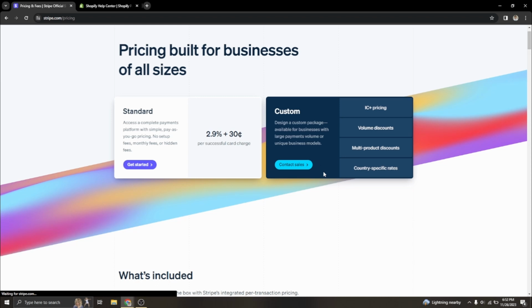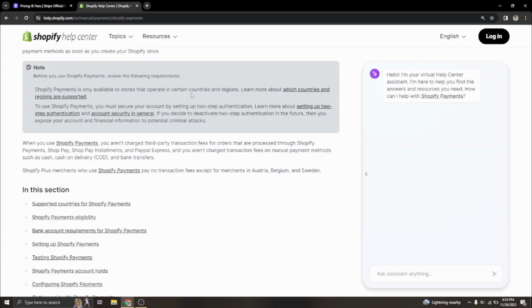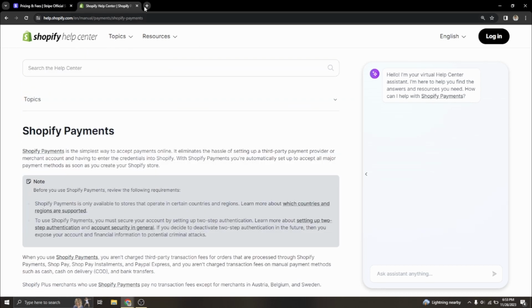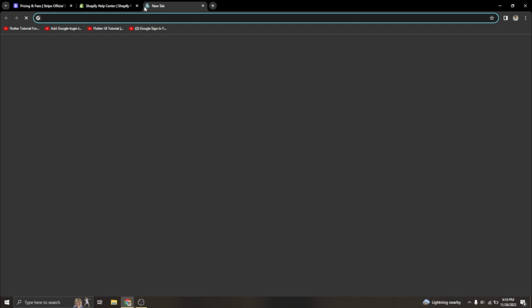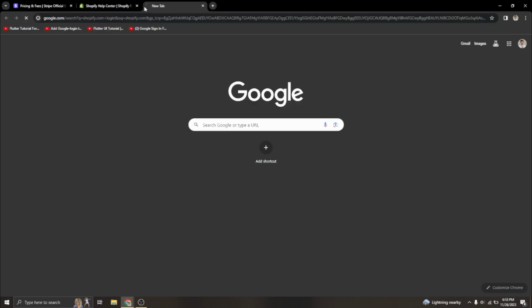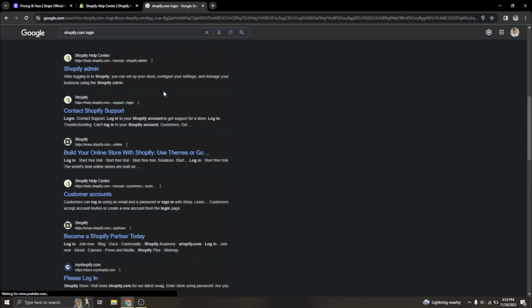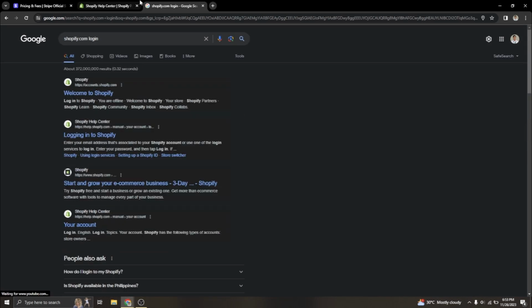However, Shopify only charges transaction fees depending on the Shopify plan. So whatever your Shopify plan is, that determines the pricing and transaction fees.